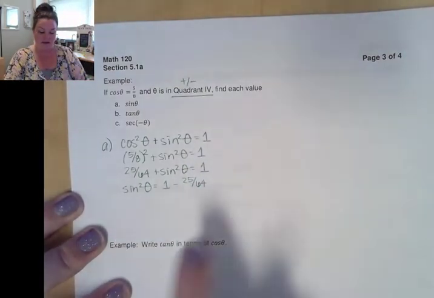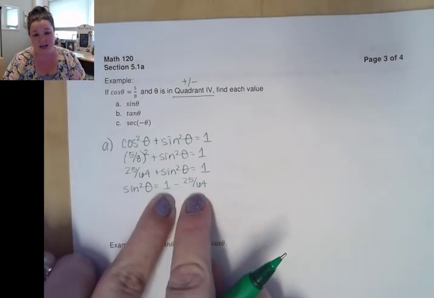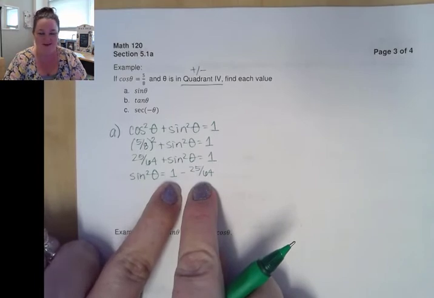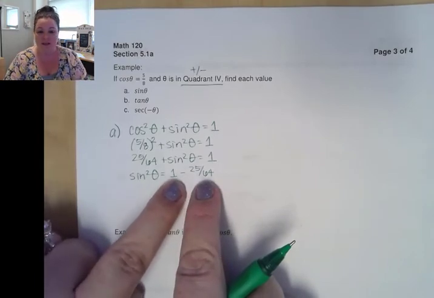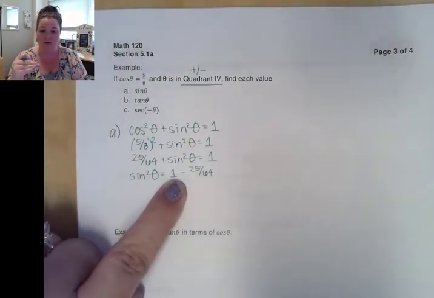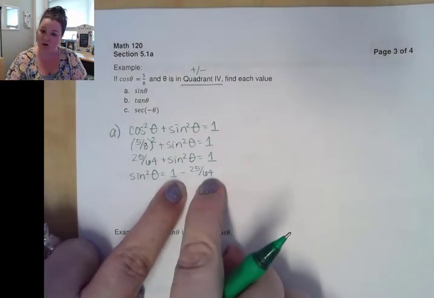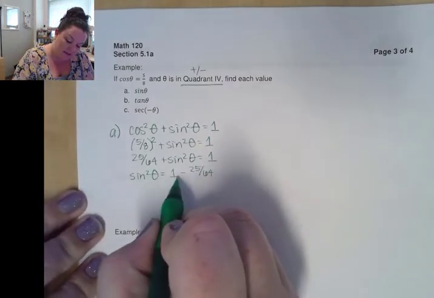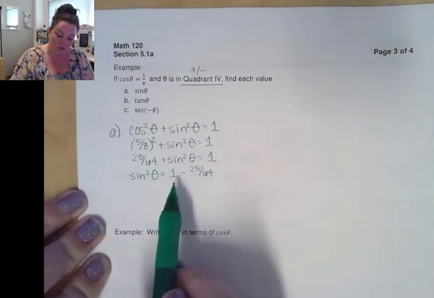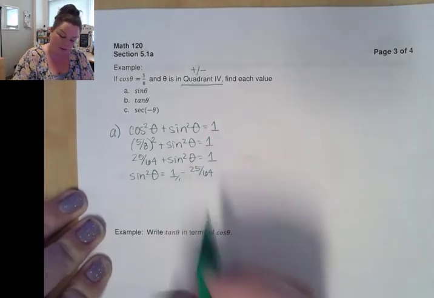And then in order to combine these, we can either use a calculator that can do fractions, right? Or we can get a common denominator. 1 is the same thing as 1 over 1, right? So a common denominator for 64 would just be 64. So I can think about this as 1 over 1, and we're multiplying by 64 on top and bottom.